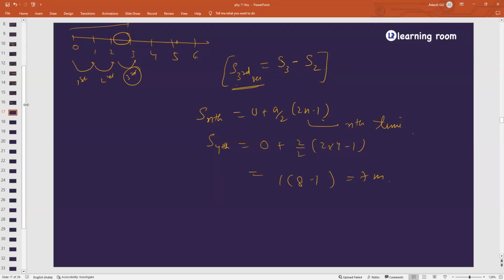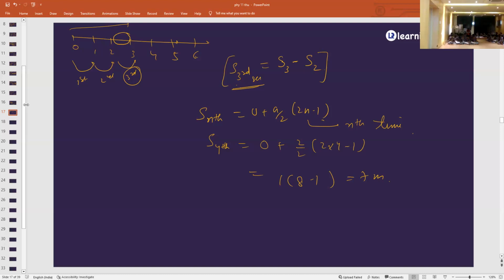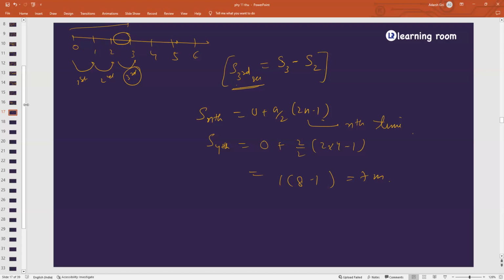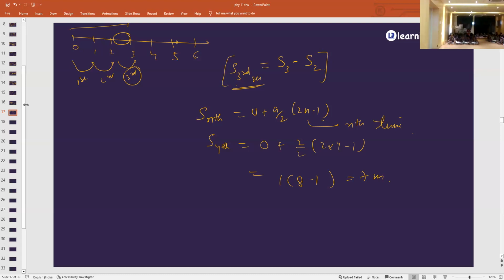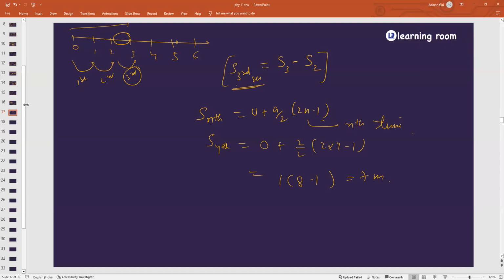After writing, can somebody tell me, is this formula dimensionally correct or not? Have you written this first? Yes, sir.